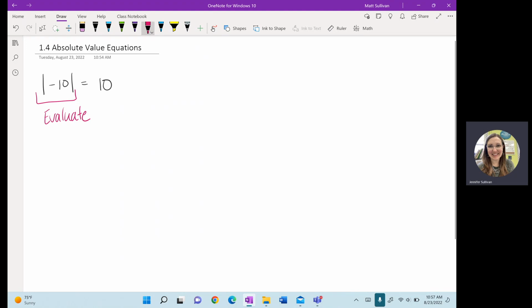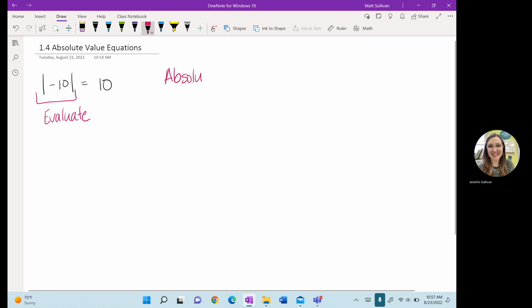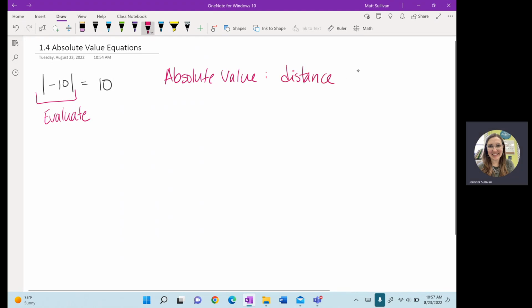So there are a couple of things about absolute values that I like to point out. The actual definition for absolute value is that it's a distance from zero. A distance the number is from zero.